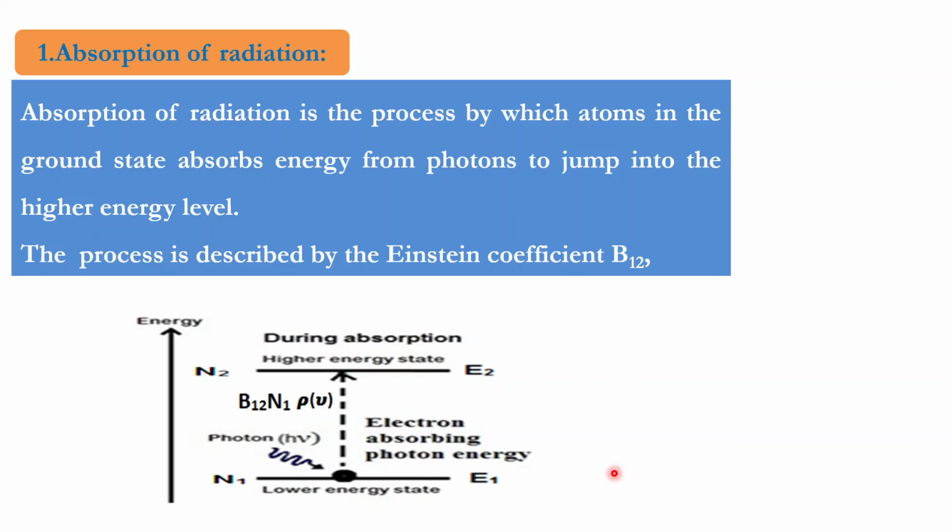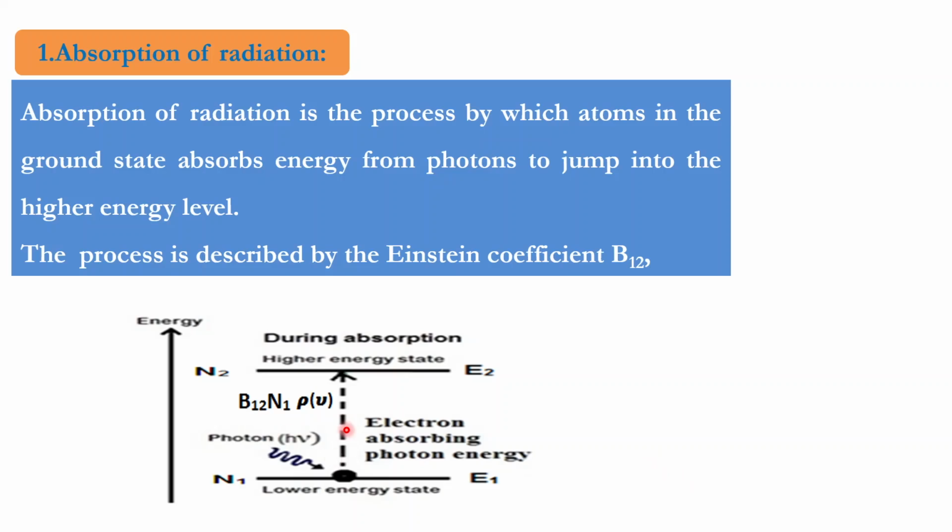Now first is the absorption of the radiation. We know that the absorption of the radiation is the process by which the atoms in the ground state absorb the energy from the incident photons and jump into the higher energy level. Now this process is described by the Einstein coefficient B1.